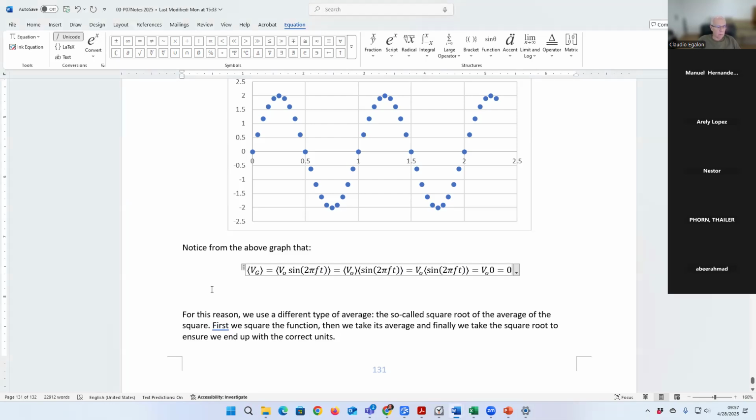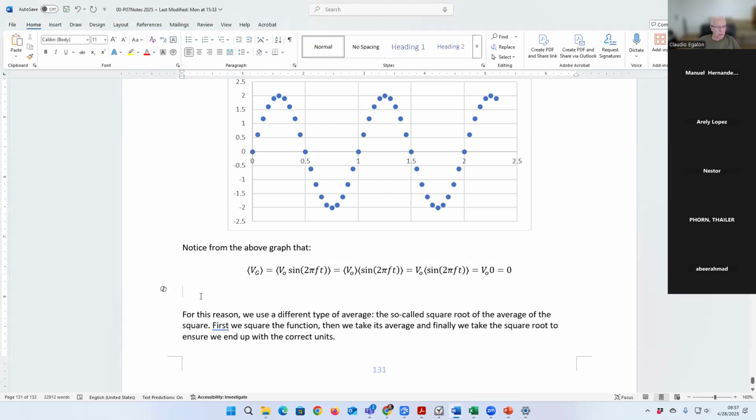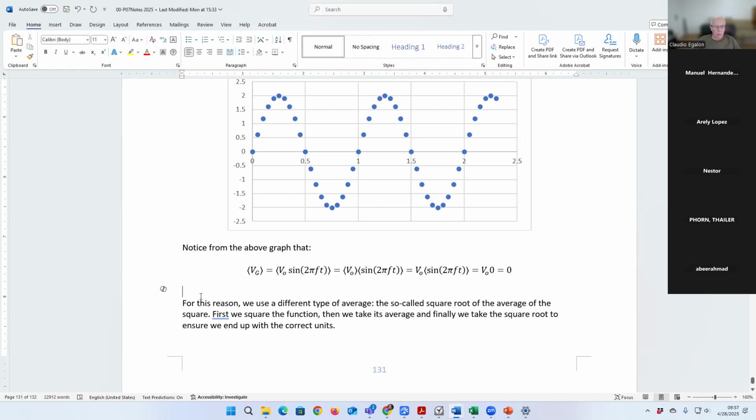For this reason, we use a different type of average, the so-called square root of the average of the square. To obtain this average, also called the root mean square value, RMS, we do the following.